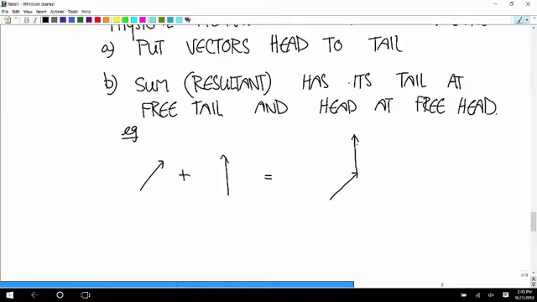Okay, so I imagine taking this one and moving it over here so the tail is at the head of this one. Any questions about what I did there? I could have done it in the other order too. It doesn't matter. You get the same answer either way.